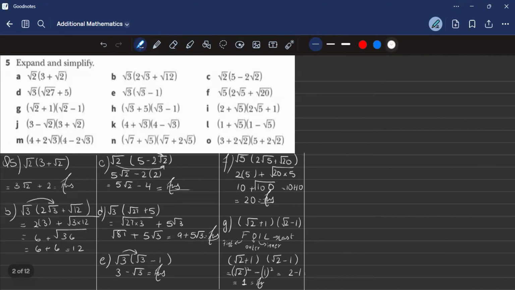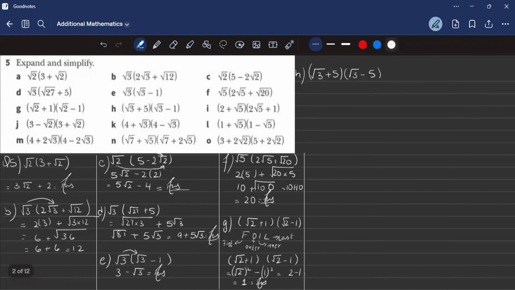Okay, now proceeding to the next part, which is part H. Part H tells us square root of 3 plus 5 multiplied by square root of 3 minus 1. Now in this one, we have two different expressions inside the brackets. So what are we going to use?